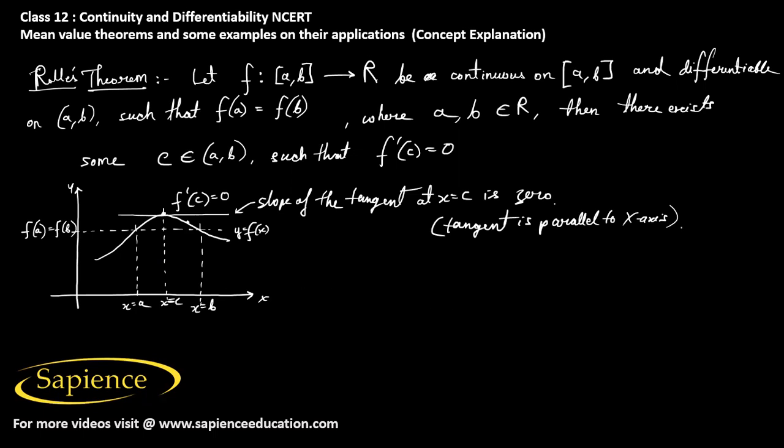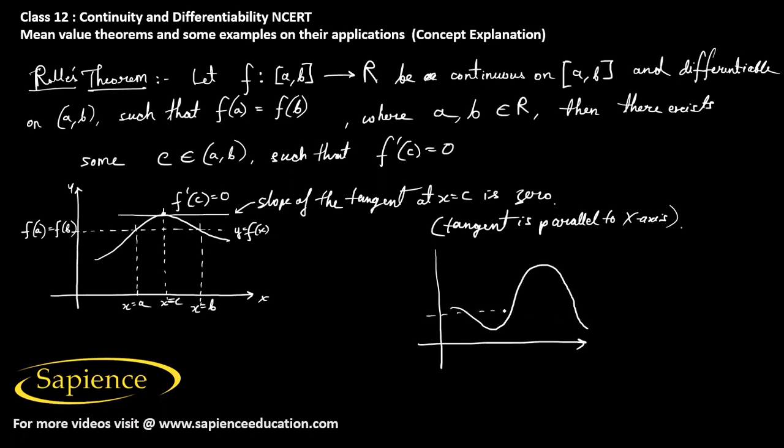Here we can see that there is only one such point c in which the slope of the tangent to the function is 0, but there can be more than one such point. For example, suppose a function is like this.